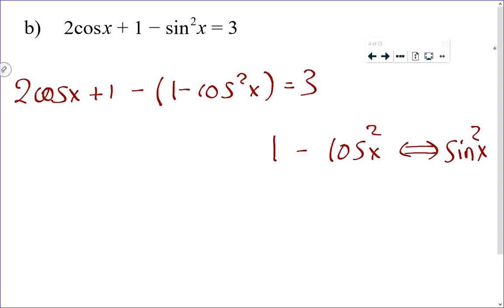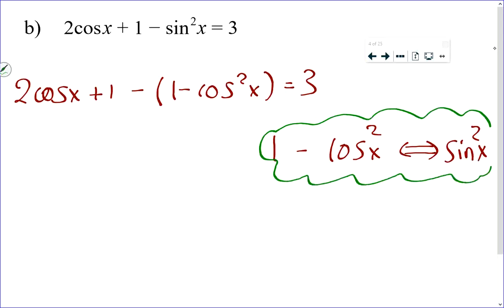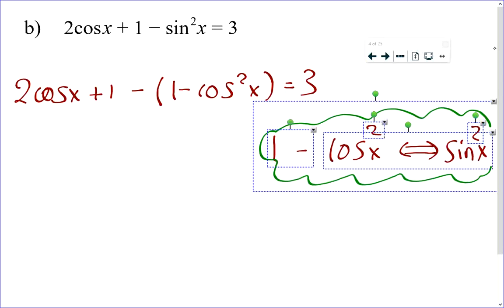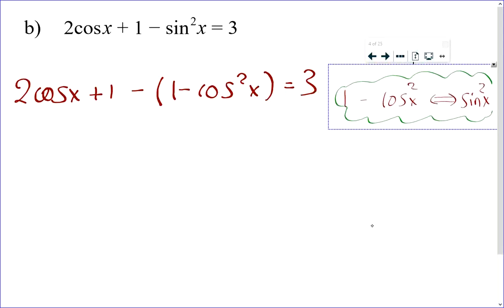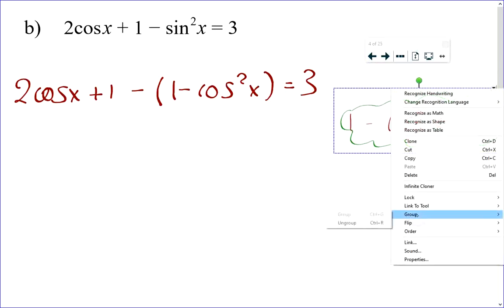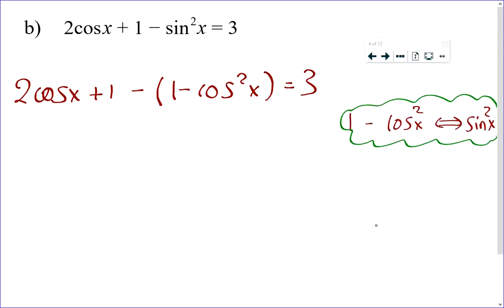All we were doing here was just using an identity to replace sine squared with 1 minus cos squared. So what do we get? Let's clean this up a bit. We get 2 cos of x plus 1 minus 1. So this is how my mind works when I subtract something that is in brackets. I go minus 1, minus negative cos squared.